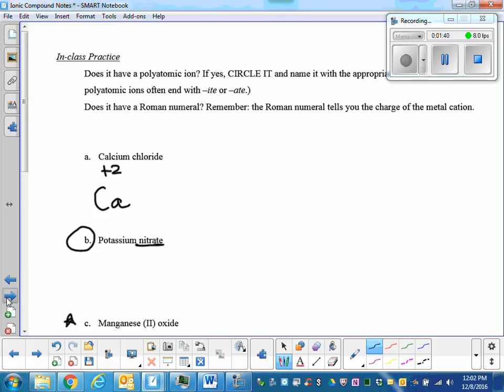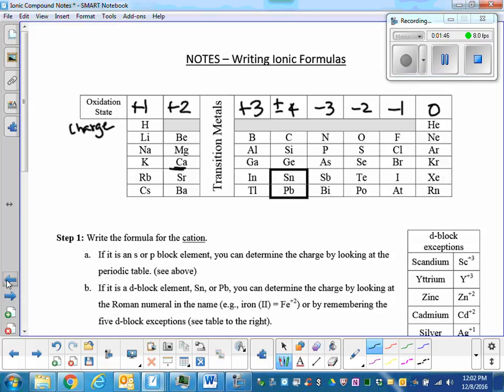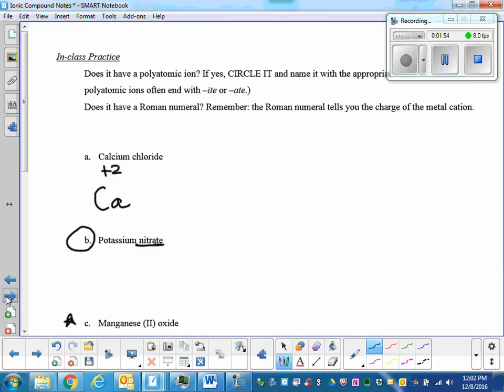Let's go back and let's go to chloride. Where is chloride? What is the charge on chloride? -1. So chloride is a -1.